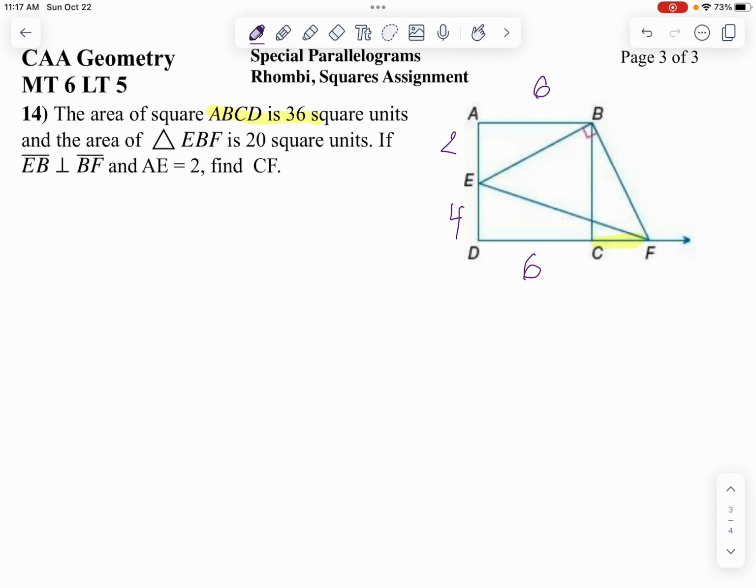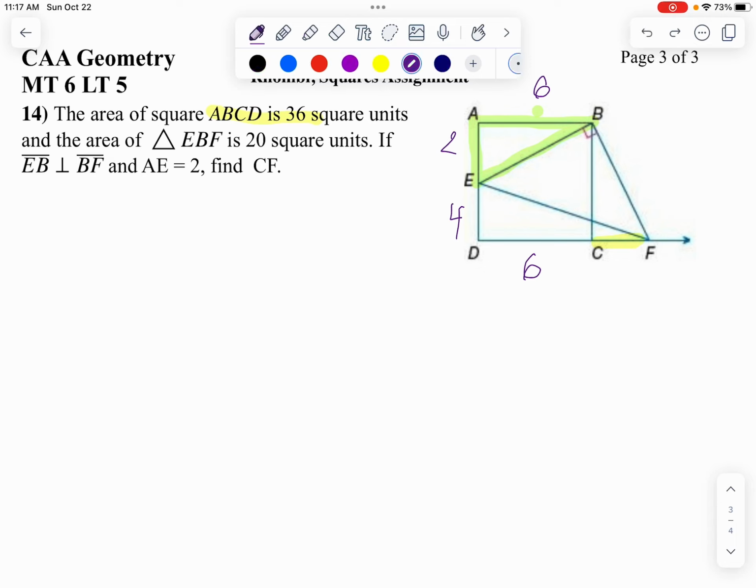Now, we know the area of triangle EBF is 20. That doesn't seem like it helps me too much, but look at here to start with. We have a right triangle because it's a square. So I know AEB, I can use the Pythagorean theorem to solve BE.